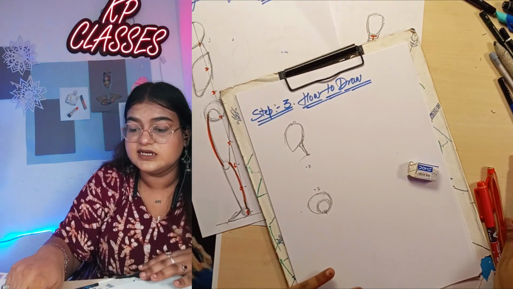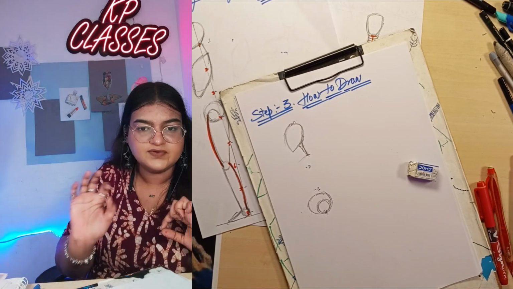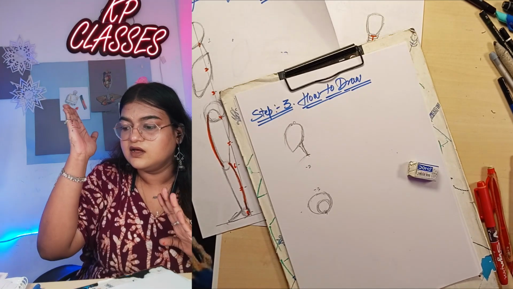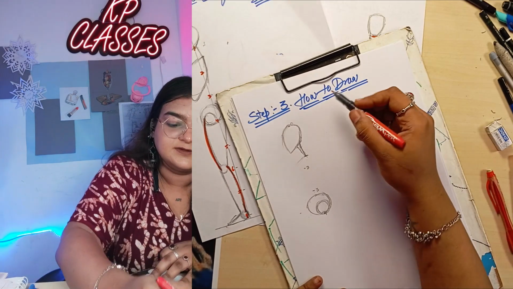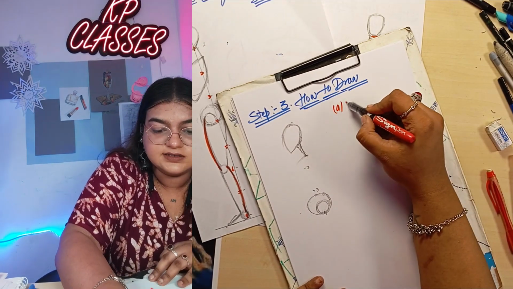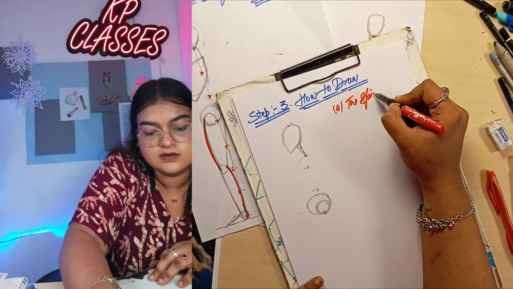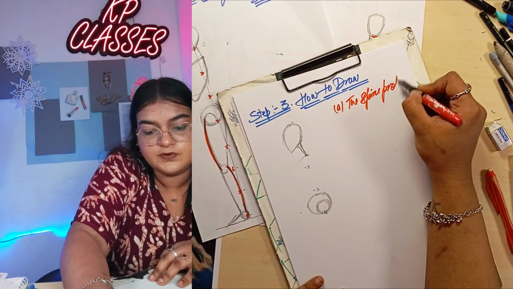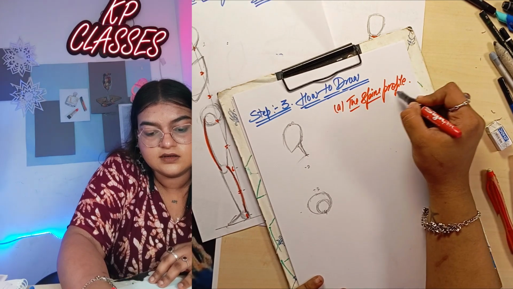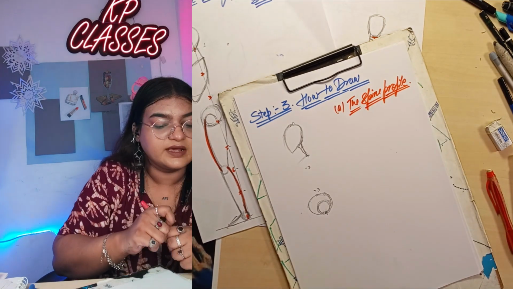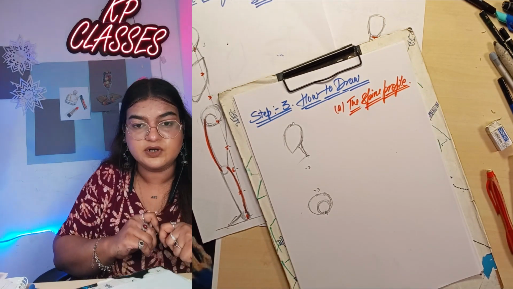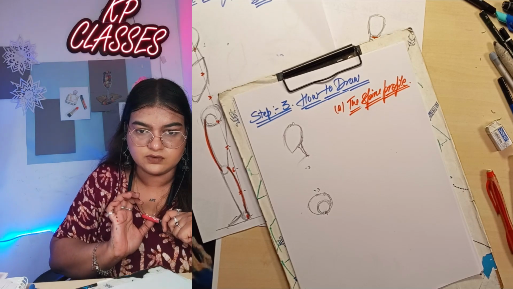So before adding the chest in any figure, we will define your spine profile. Okay? So for this one, the A part is the spine profile. Just like your shoulder area, just like your pelvic area, spine profile is very important for any side profile. Okay?